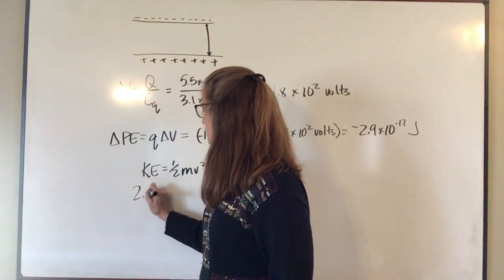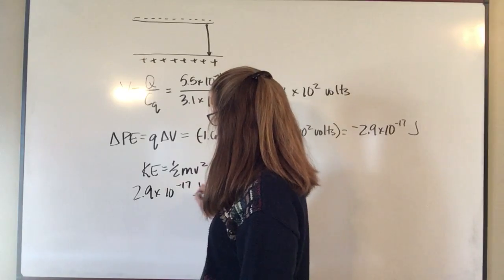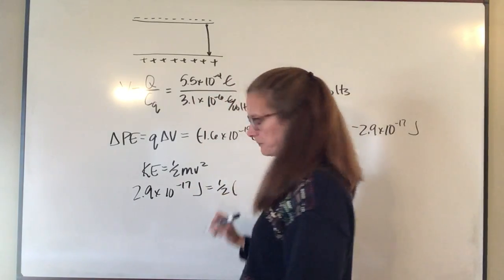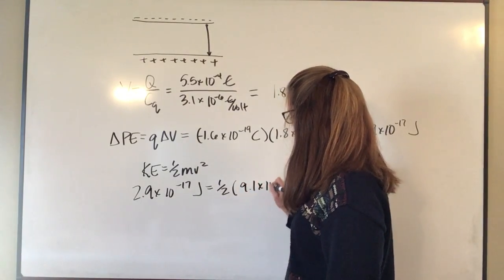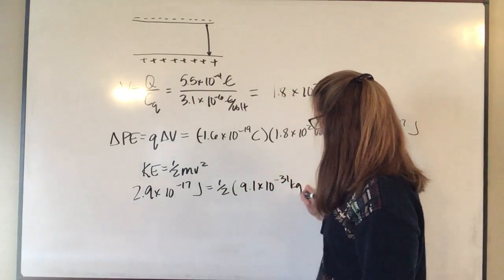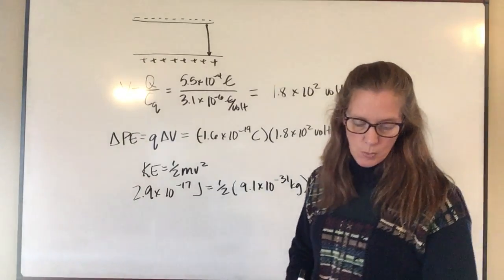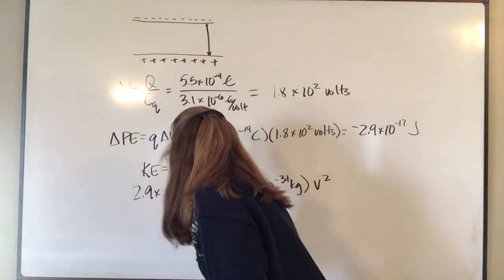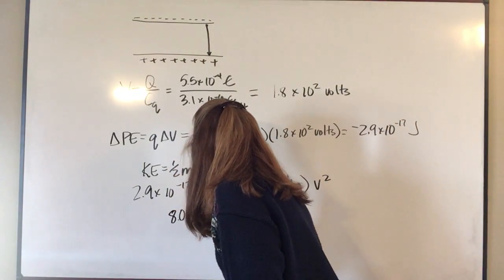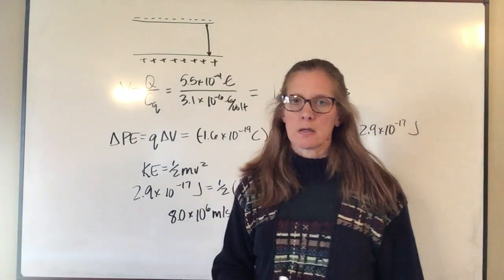So the kinetic energy is going to increase: 2.9 times 10 to the negative 17th joules equals 1/2 times the mass of the electron, which is 9.1 times 10 to the minus 31st kilograms, times v squared. And then I can solve that for V squared, or I can solve it for V. And so what I'm going to end up with is an amazing speed of 8.0 times 10 to the 6th meters per second, okay?